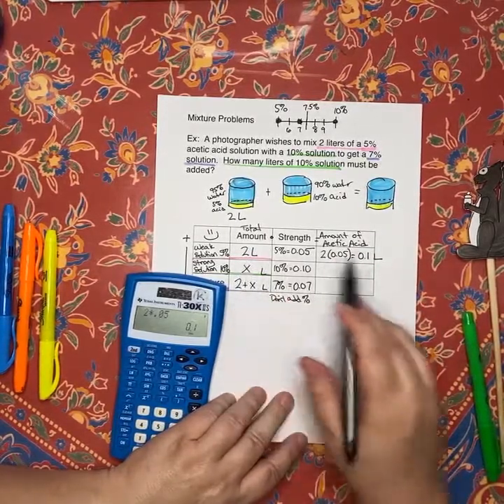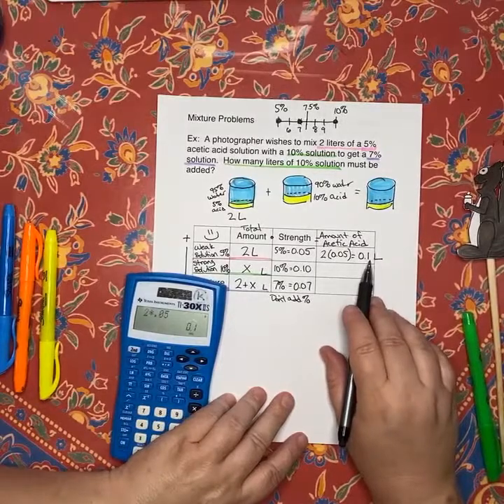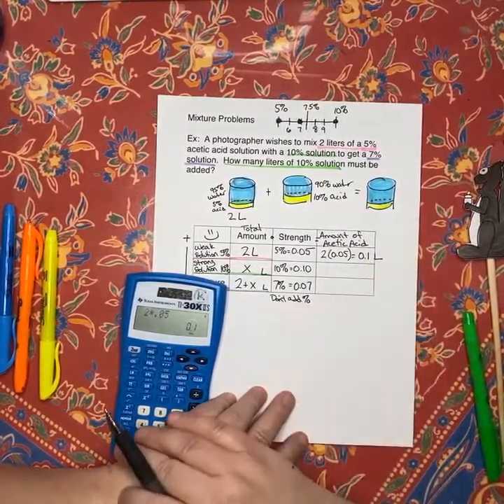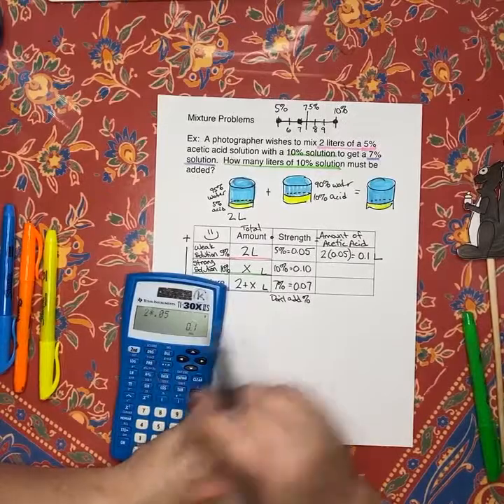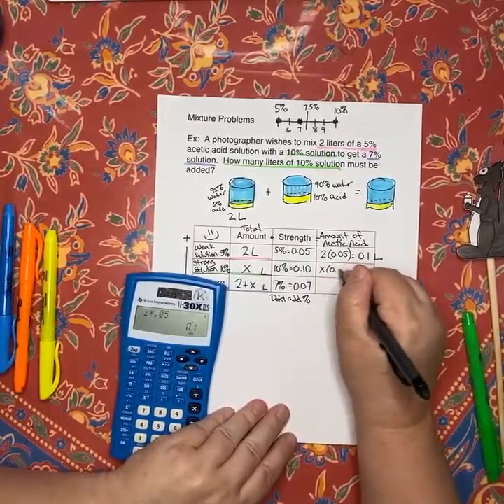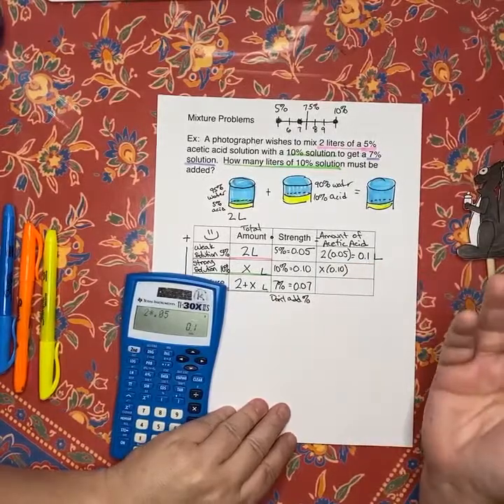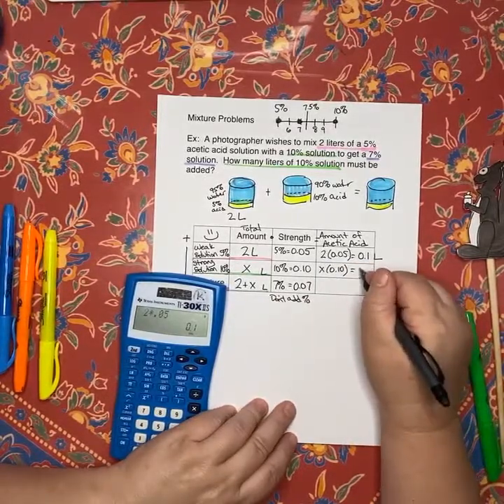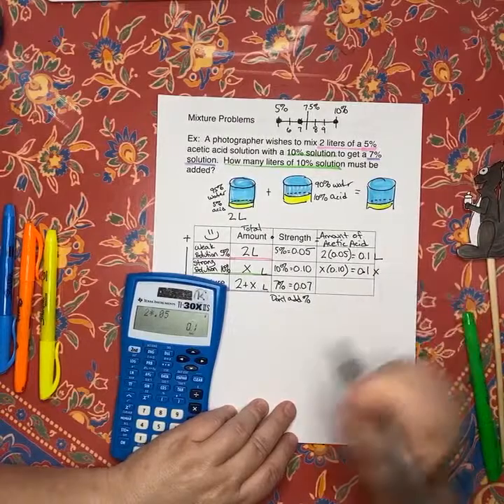So out of the 2 liters, I've got a whole 1/10 of a liter of just the acid, the acetic acid. Okay, let's try this one. I've got X times 0.10. Well, now it's impossible for me to know without knowing X. So I'm just going to write it as 0.1 times X.